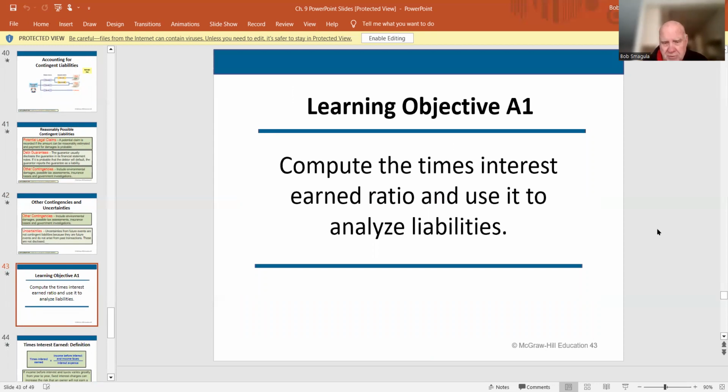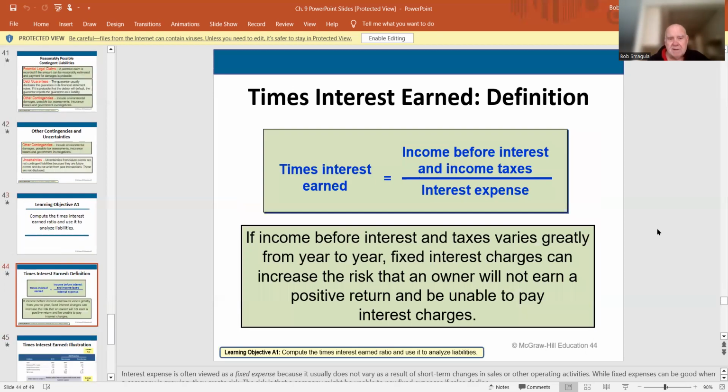Here we go. We all like metrics, math. Compute the times interest earned ratio. Use it to analyze liabilities. Here it is. We're going to take the income before interest and income taxes, in other words, your net income before taxes, and simply divide it by the interest expense.